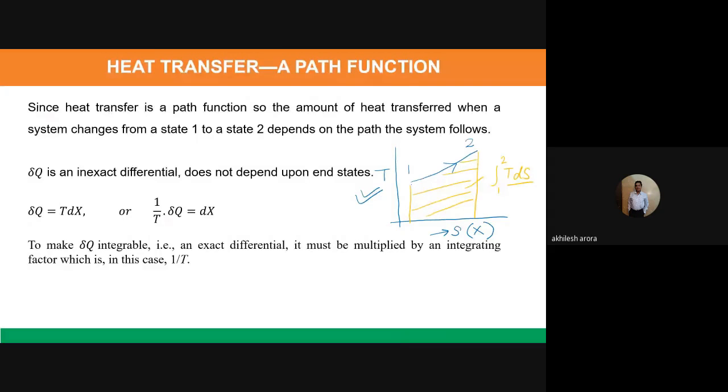Okay, suppose I draw the diagram in this particular fashion. Suppose this is the TS diagram now. So this is the area under the curve. So temperature is decreasing now. So is heat supplied or rejected by the system?